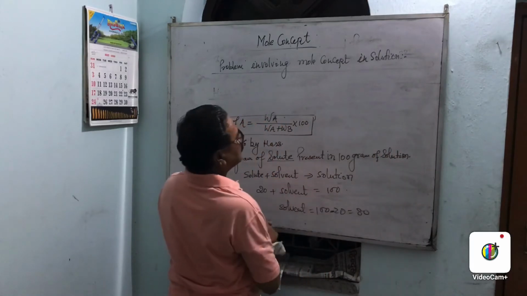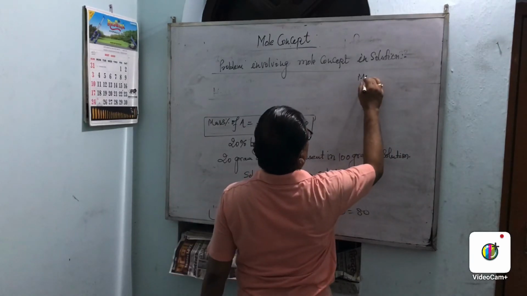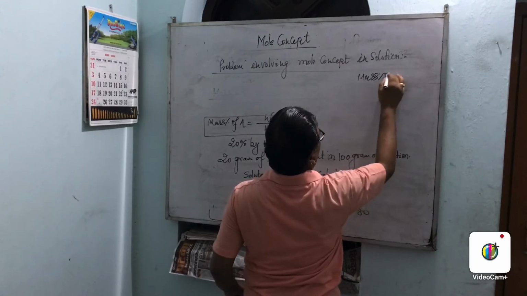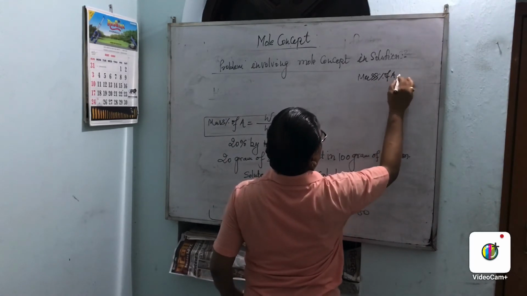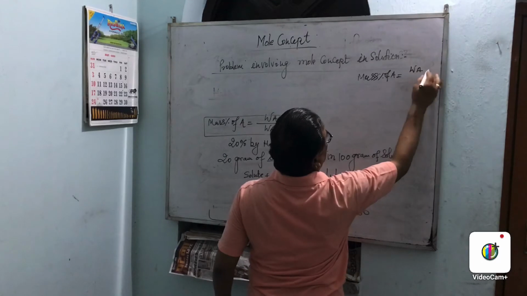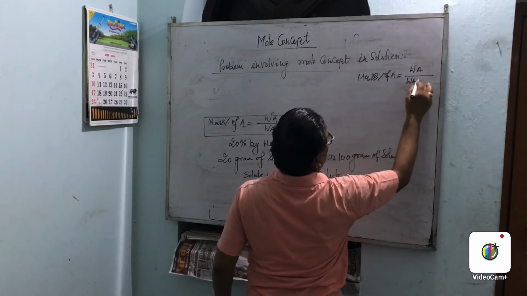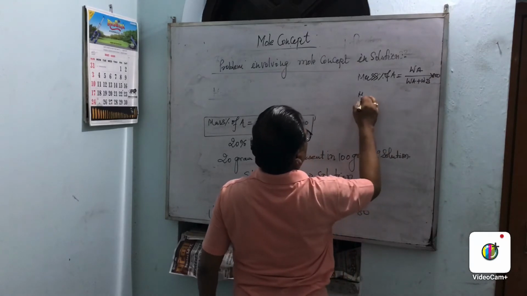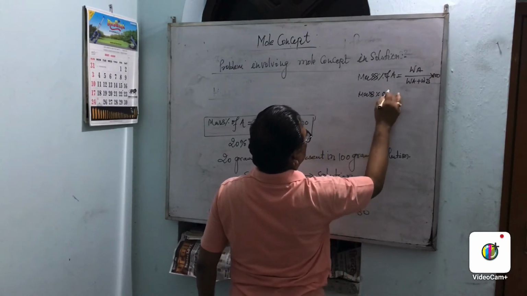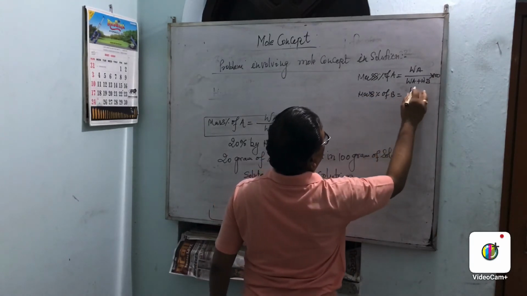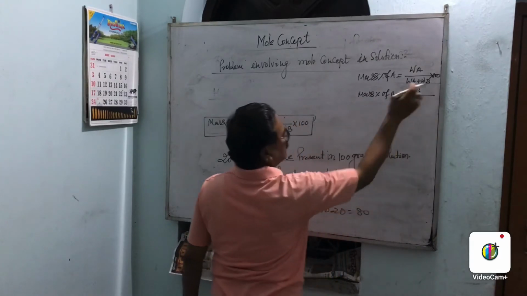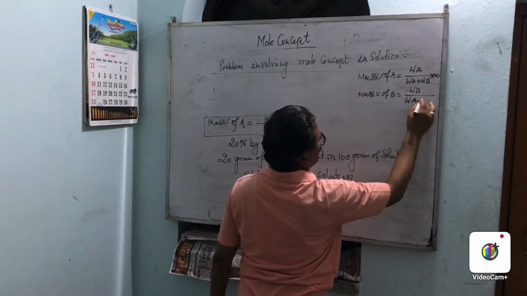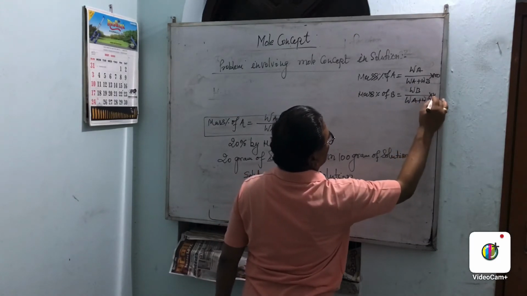So we take it here, mass percent. Mass percent of B or A, whatever. A, so WA by WA plus WB multiplied by 100. Similarly, if we have to calculate the mass percent of B, the component we want to find will be in the upper side, and the total mass WA plus WB into 100.